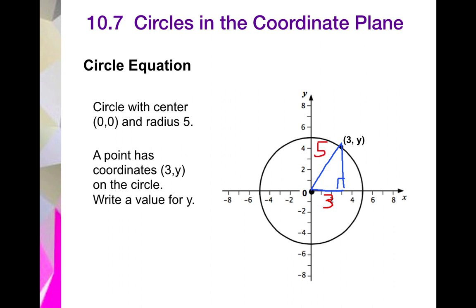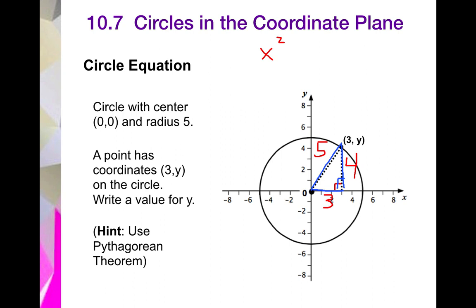Since we have the Pythagorean theorem, we can calculate this third side here. And it turns out that the third side is 4. So that distance is 4. So use the Pythagorean theorem, which is essentially x squared plus y squared.